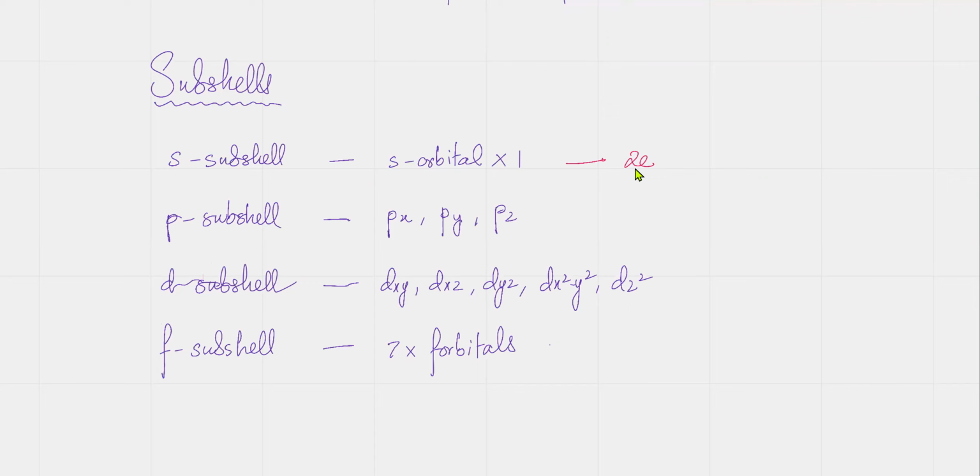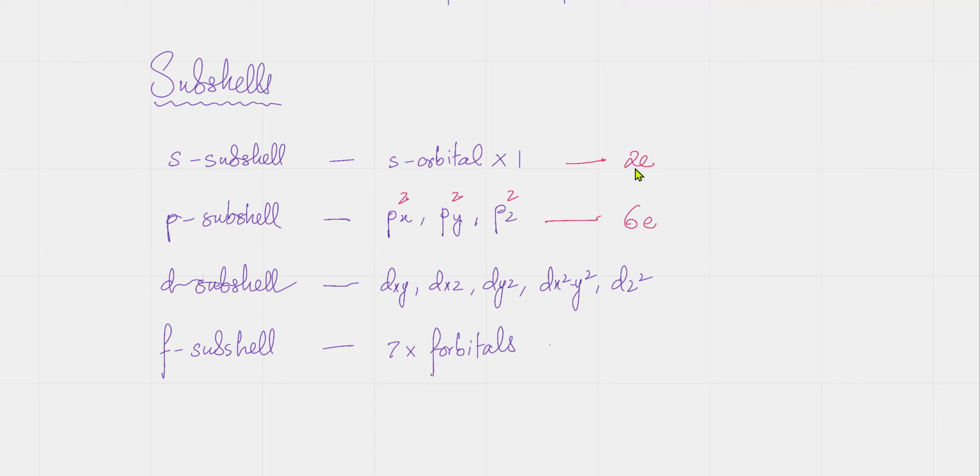If you look at a p subshell, there could be 2 electrons in every one of the orbitals. So the maximum number of electrons that they can have would be 6. So a p subshell can have a maximum of 6 electrons.